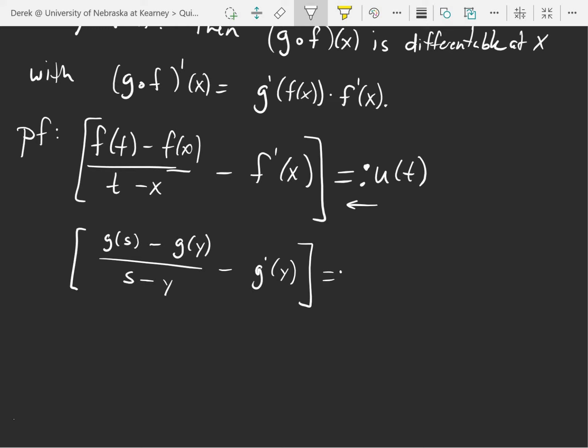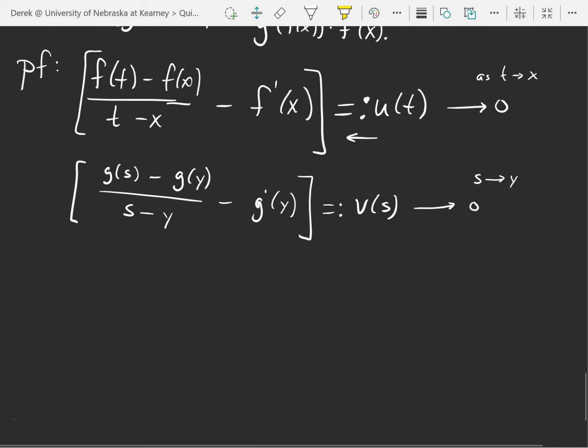And we're going to define this thing to be v of s. Because g is differentiable at y, both of these things go to 0. This one as t gets close to x, and this one as s gets close to y.